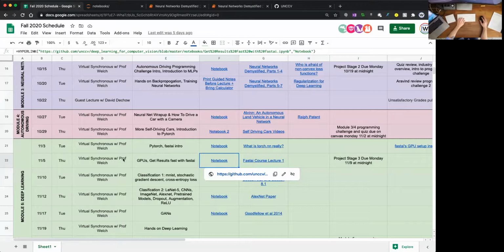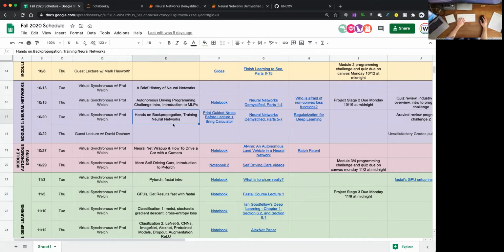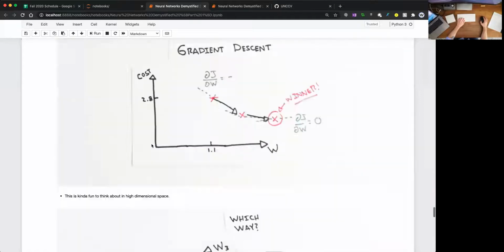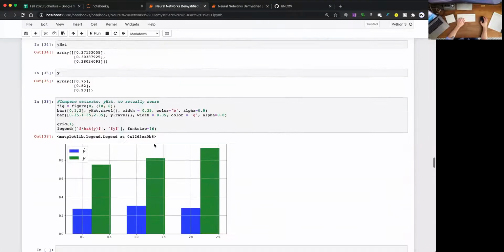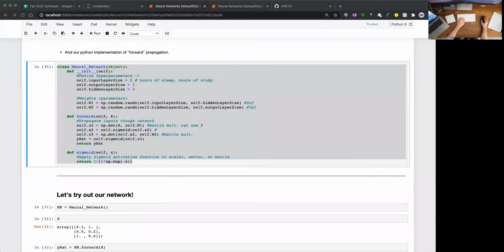So as you're working on your project, I would recommend getting a little bit ahead if your project does involve deep learning. And even though we're going to spend a lot of time writing our own neural networks in this module, I would not recommend using these neural networks like the one that we code up here. Like, I would not use this neural network on your project, right? So this is really for educational purposes. And you're going to use this on your programming challenge, but not on your course projects.